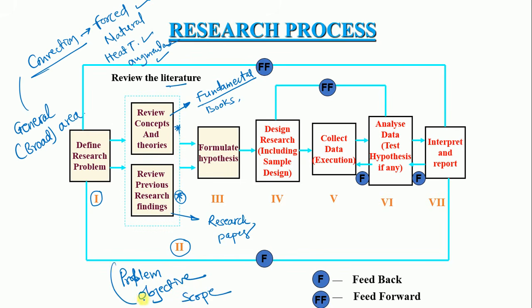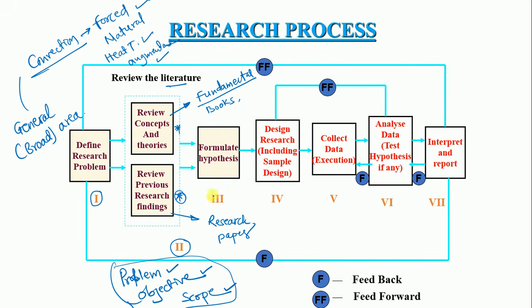So problem, objective, and scope can be decided well and focused well after a rigorous analysis of these 2. If you study these 2 well, it will be easy to decide the problem, the objective, and the scope. So here we have decided a general area, and here we have defined the problem, objective, and scope.